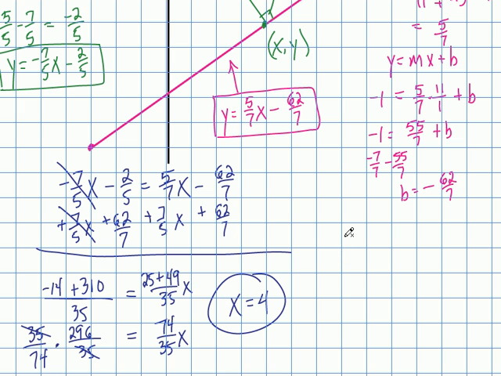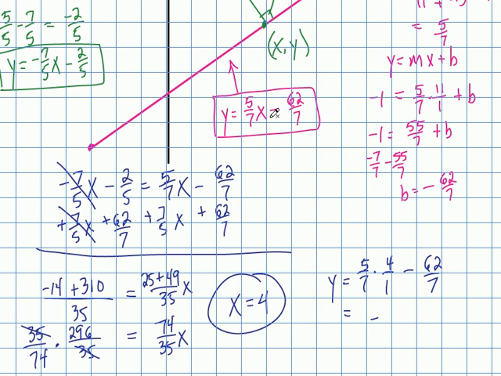Now we have to find y. I could use either one of these. Let's use this one right here. So y equals 5/7 x, which is 4, minus 62/7. So we have 20 over 7 minus 62 over 7.